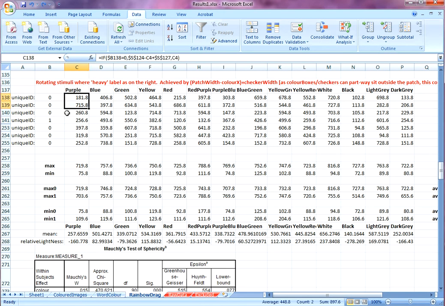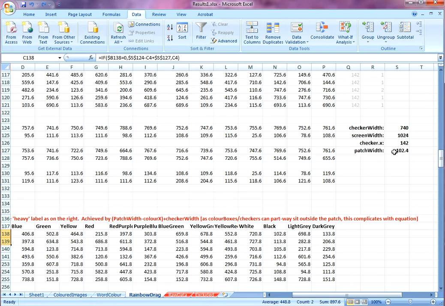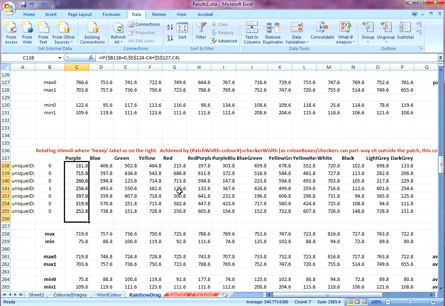Purple, now I don't recall the exact dimensions of the box. It says somewhere checker width of 740 pixels. So anything at the low end is light, for example purple, and anything heavy on the right hand side. I've systematically done the same thing for all of them.